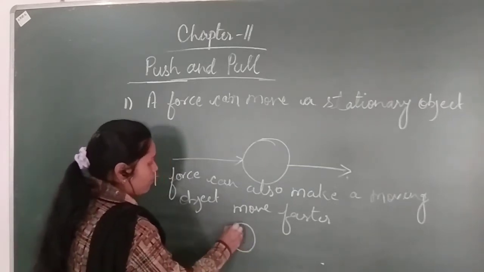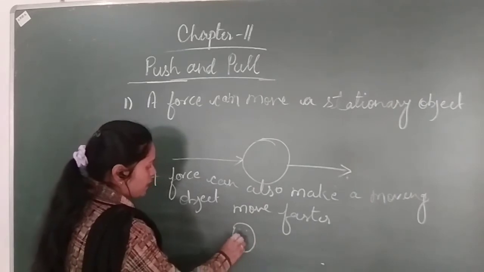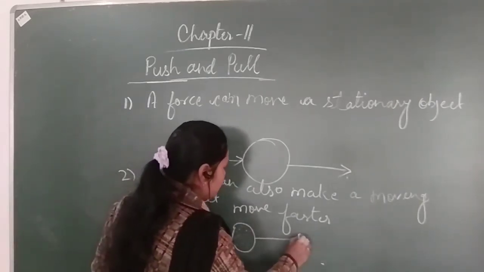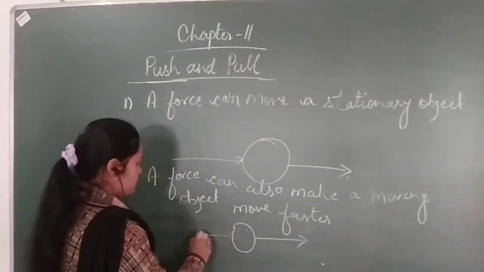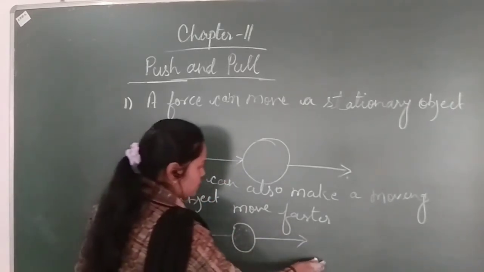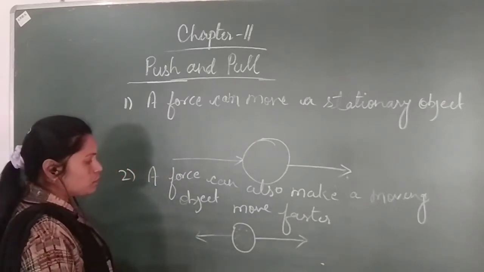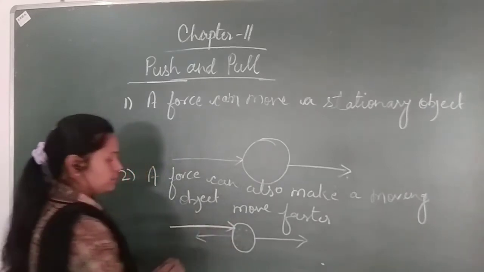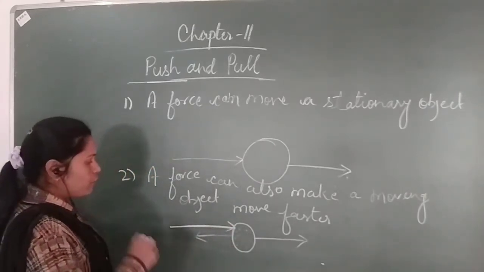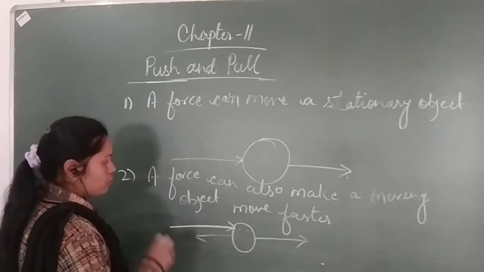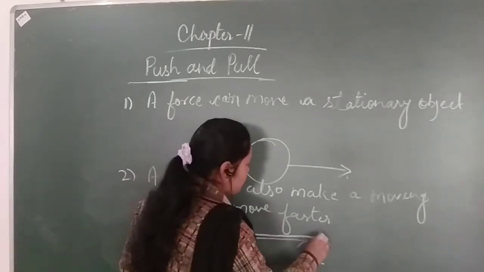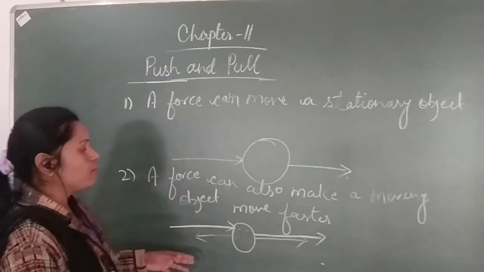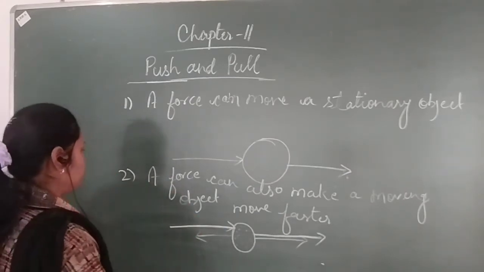So one ball is there and it is moving at uniform speed. Now if we want to move it fast, we will push it with the force. So when we push it, it moves faster. So a force can also make a moving object a little bit faster.